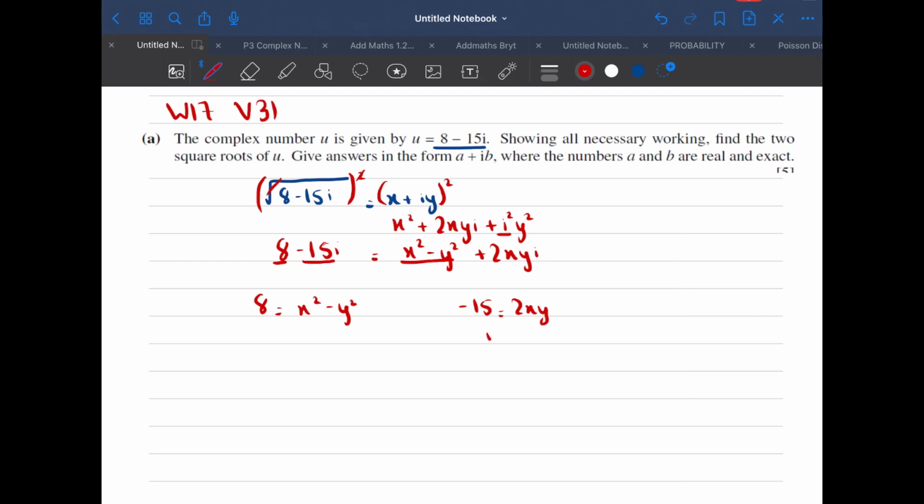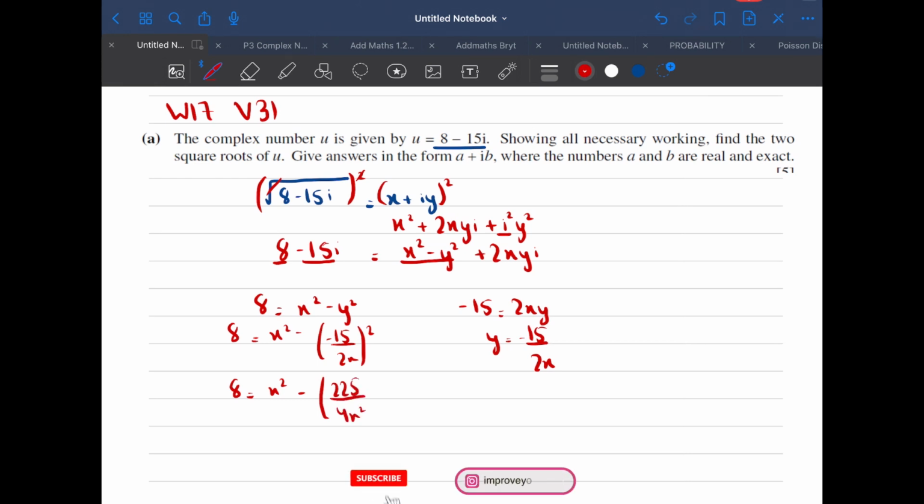So my y will become minus 15 upon 2x. Do you get this? Now let's plug in, instead of y, minus 15 upon 2x whole square. So it's going to be 8 is equal to x square minus 225 upon 4x square. Let's find out the LCM. 4x square, 4x square.